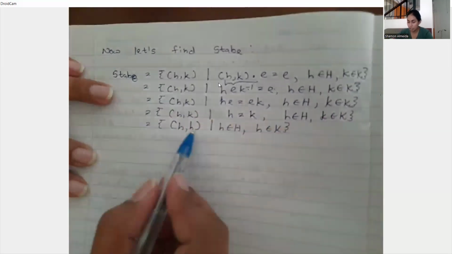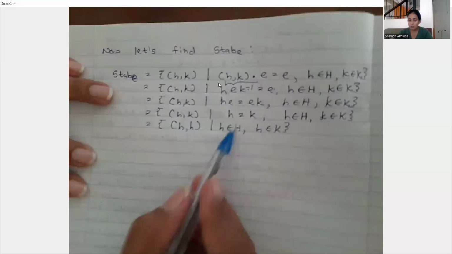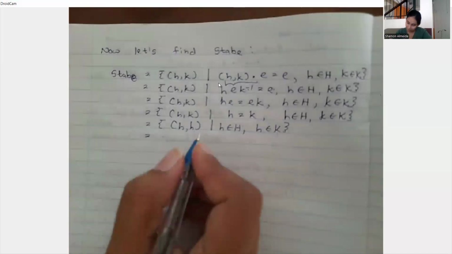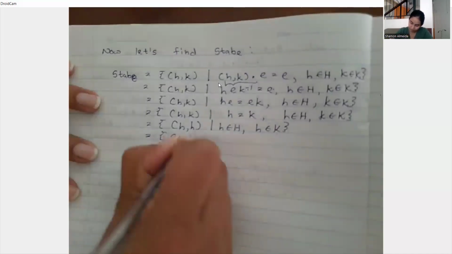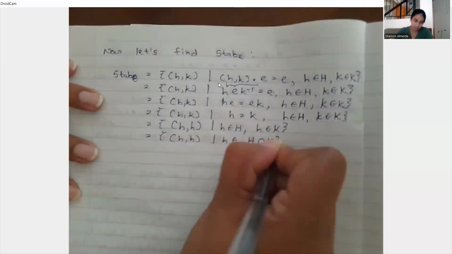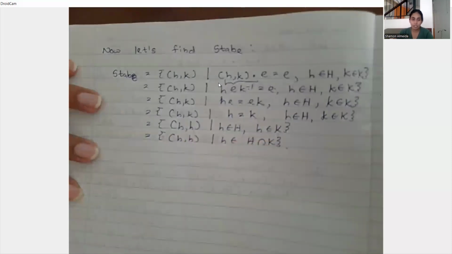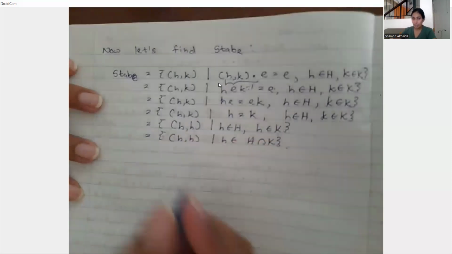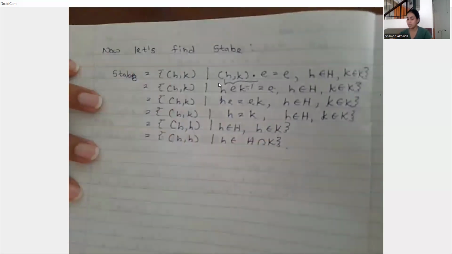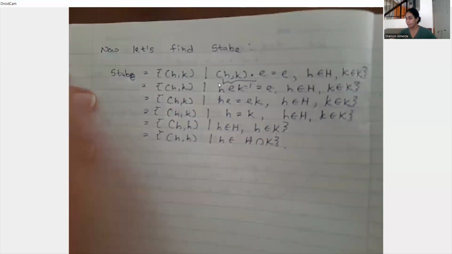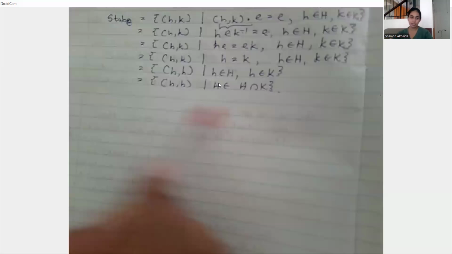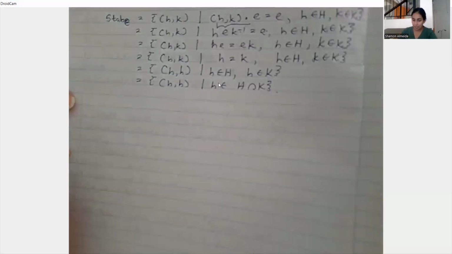H, where H comes from this as well as K. In other words, it contains every element such that H is in the intersection of these two. So this implies, right? No, let's stop here. Let's go back to the theorem that I wanted to state at the very beginning. Now we see that the stabilizer of the identity gives all these. Right, let me state the theorem.